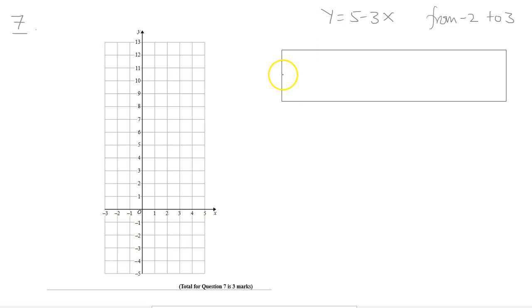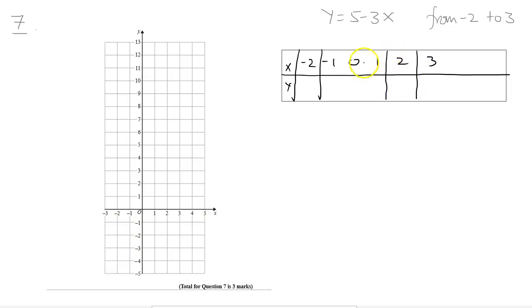Make sure you write the values of X and Y: -2, -1, 0, 1, 2, 3. So these are the corresponding values of X and Y. Now the first thing which is very easy is 0.